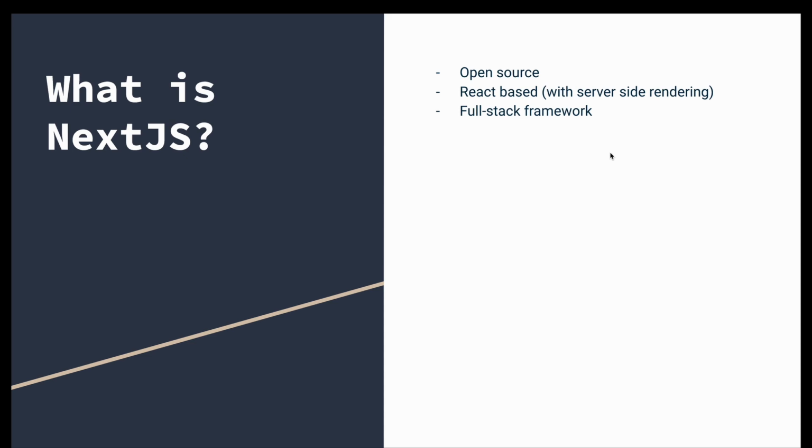But with Next.js, you don't need to have these two separate entities. You can have everything in one place. So that is one of the functionalities that Next.js allows you to have, and that's why we are using it nowadays.